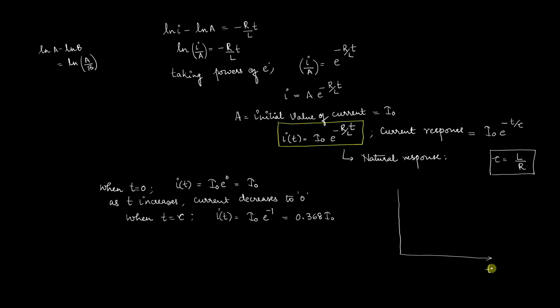So graphically, if I have to show you the response of this particular circuit, then let me plot a graph of I of t versus t. So when the source is present, the energy is stored in the inductor, and the value of this stored energy corresponds to the initial value of current, which is equal to I naught, and this energy will slowly start decreasing, in an exponential manner.